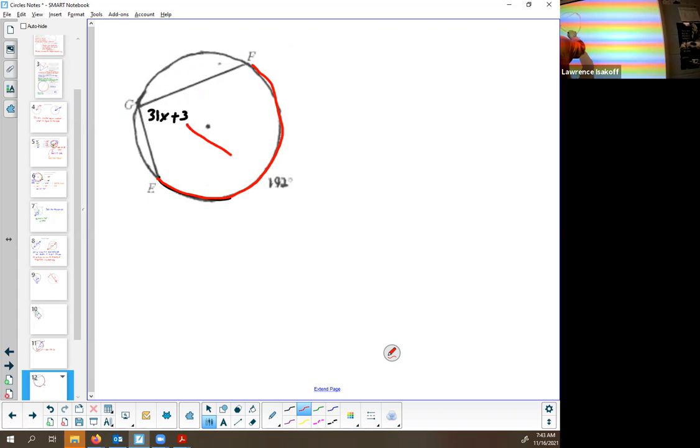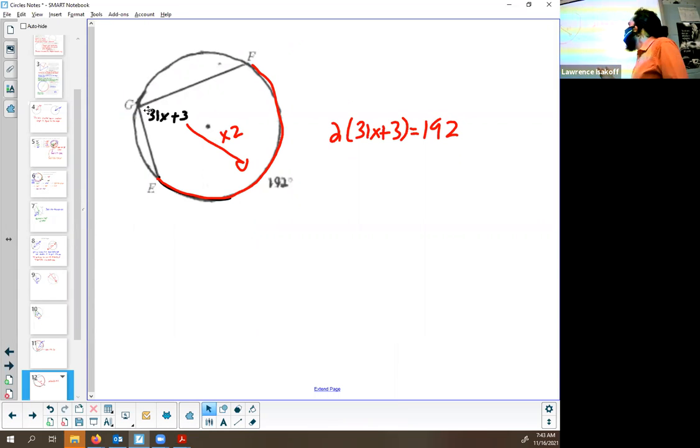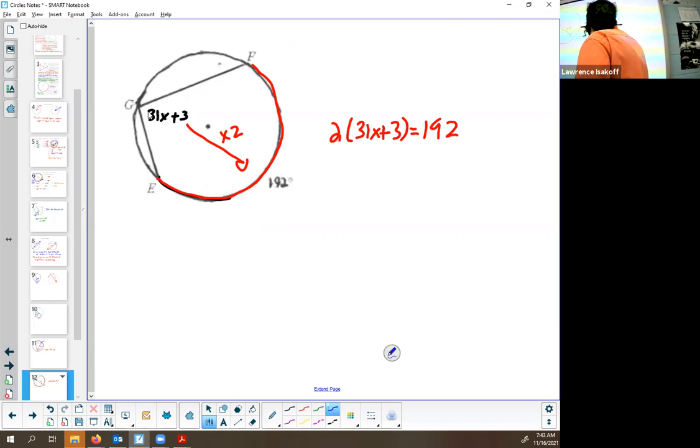So if I went from here to here, I'd have to do times 2. So that's what I'm going to do. I'm going to do 2 times the angle equals 192. So what would I do first to solve this? 2 times 31 and 2 times 3.